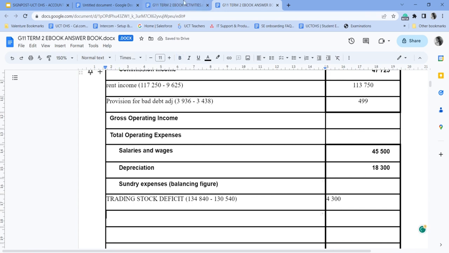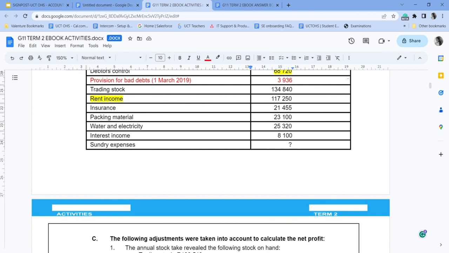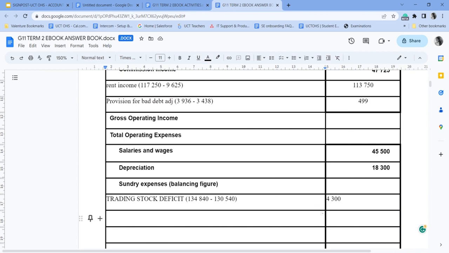What other expense do we need to take into account? Okay, there is insurance, 21,455. Let's see if there's additional information related to insurance.